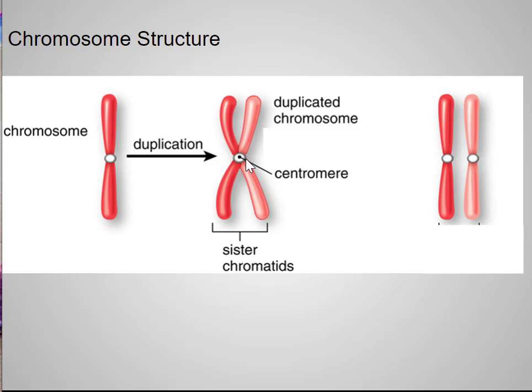Now, because it's science and we like to call things multiple names, each one of these sides is actually referred to as a sister chromatid. So I like to think of them as sisters because they're identical. They have the exact same information, okay? So these would be like our sister chromatids. We eventually will separate them into those two new cells.